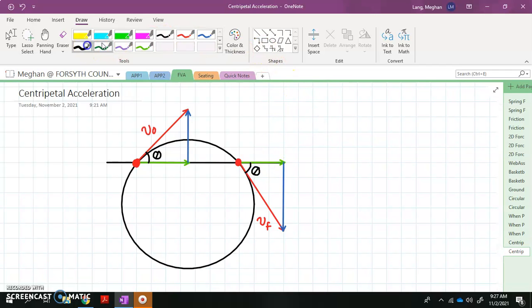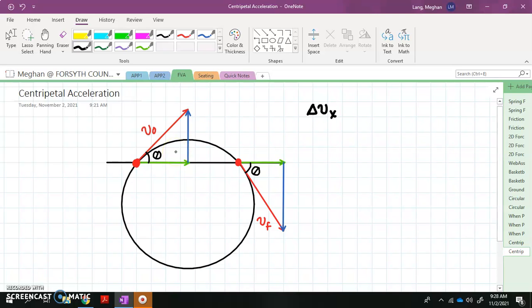So if I look at the change in velocity in the x, you can see that both of those velocities in the x are pointed in the same direction. They are at the same angle to the hypotenuse, and we're in uniform circular motion, meaning I am not speeding up or slowing down.